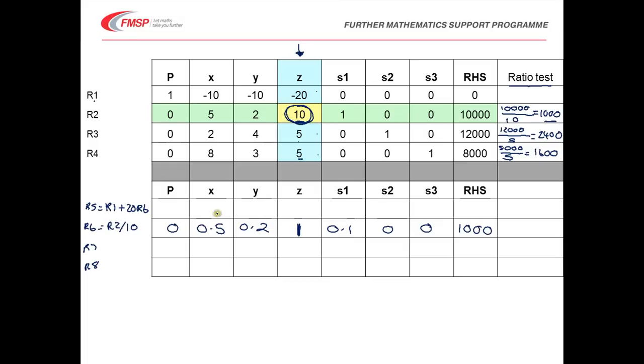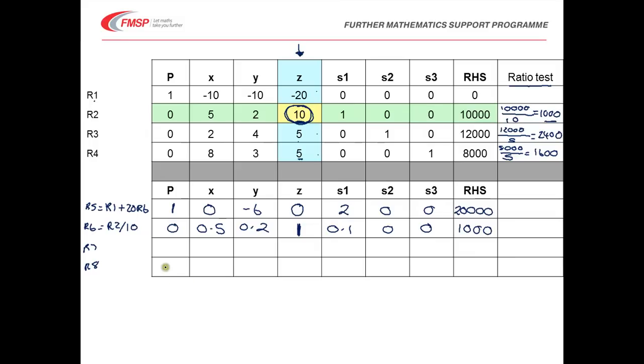So doing that is going to give us a 1 still here, because that won't matter. 20 times 0.5 is 10, so that's going to become a 0. Here we're going to have a negative 6. Here obviously we're going to have a 0 because that's how we decided it. This will be a 2, and those will stay as zeros. And our profit has now become 20,000.